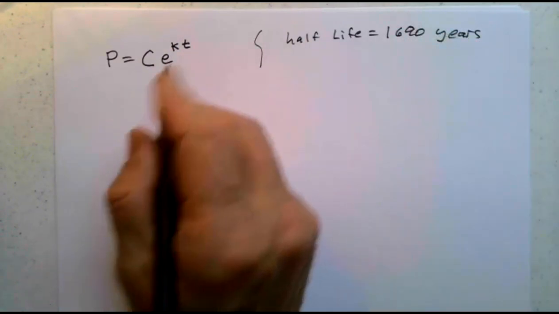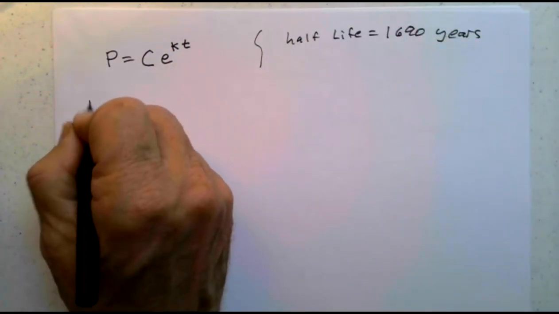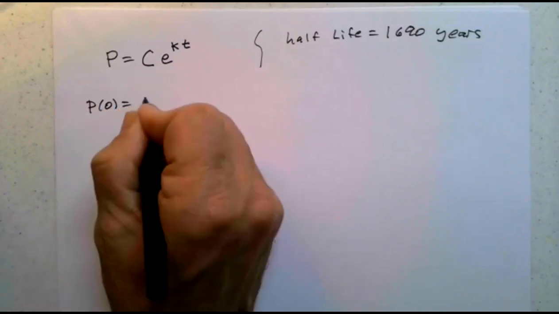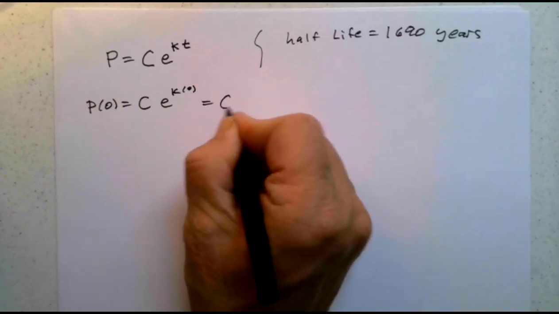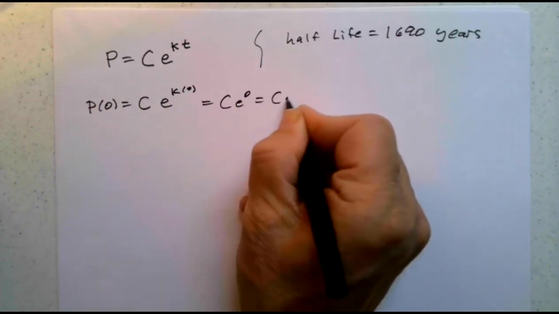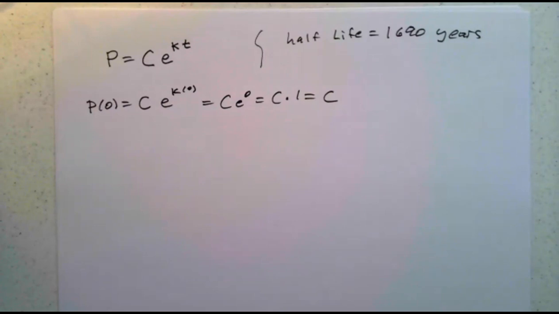Notice if T equals 0, what is P of 0? P of 0 is C e to the K times 0, which is C e to the 0, which is C times 1, which is C. So initially there are C grams, pounds, tons available, whatever it may be.